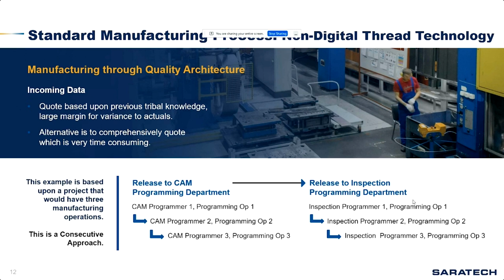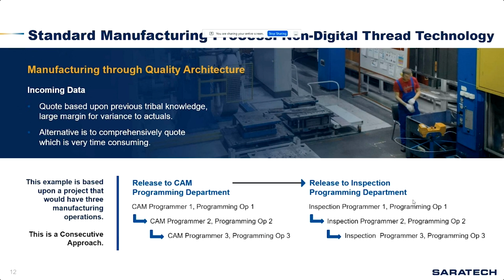The only alternative to that is, as Mike was saying, with FFP contracts, we don't have a lot of luxury of making them sharpen their pencil up front and then coming back for any type of compensation afterwards. So we must do a large amount of effort up front to where we can really accurately do an FFP contract. So you have a lot of time, or you have tribal knowledge that isn't necessarily as accurate as we'd like.